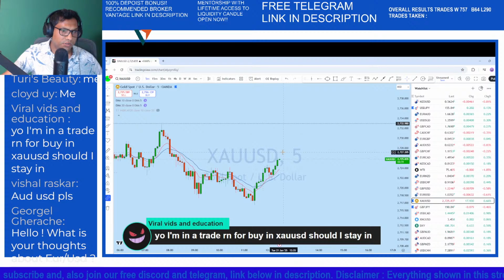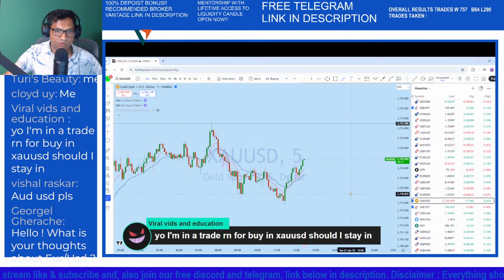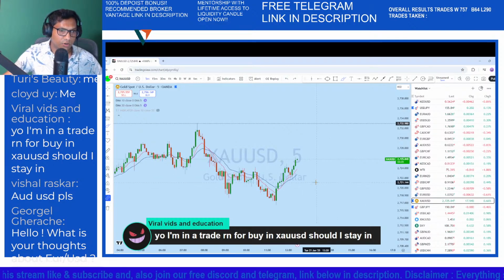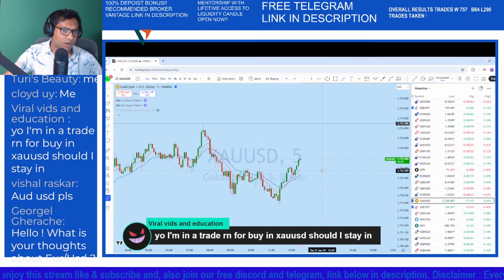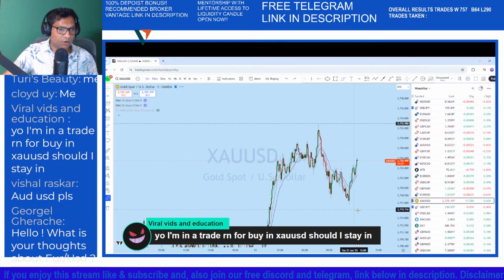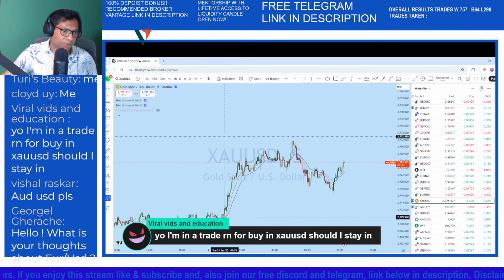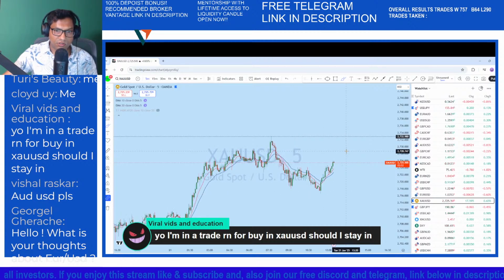This is an impulse and a correction. You can expect another impulse here. Here you can see it's a local uptrend, and globally we saw an impulse here, sideways movement on XAUUSD, and then a drop again, another bounce.